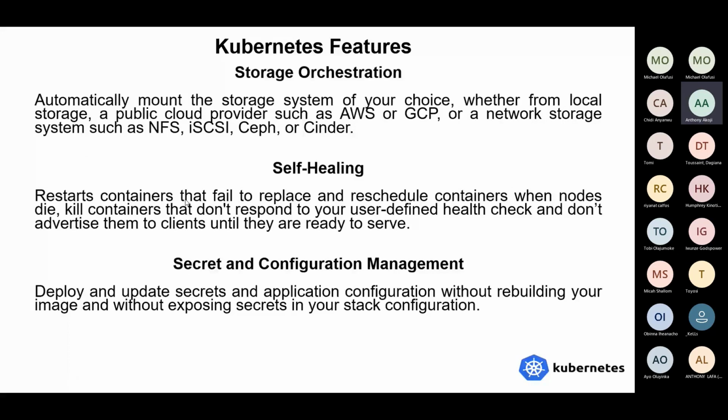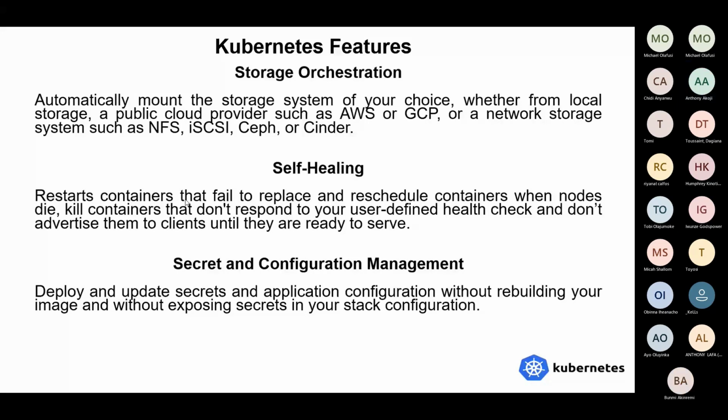We all know that storage is one of the things you will also need when you are creating your applications or whatever you're doing that involves collecting data for people. On Kubernetes, you can automatically mount a storage system of your choice. There are different storage systems, from local storage to a public cloud provider giving you a particular volume.